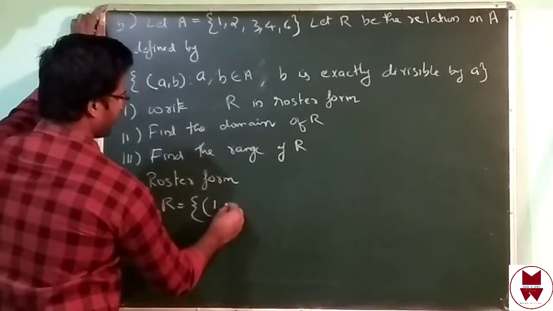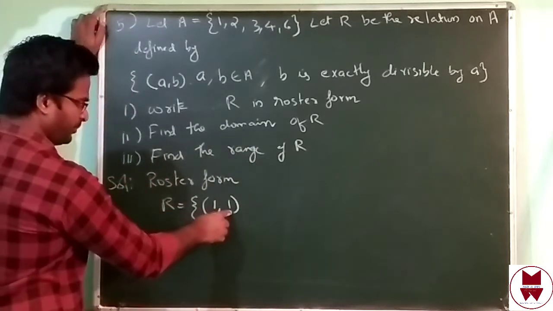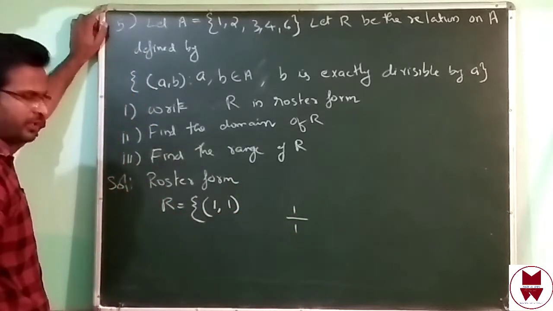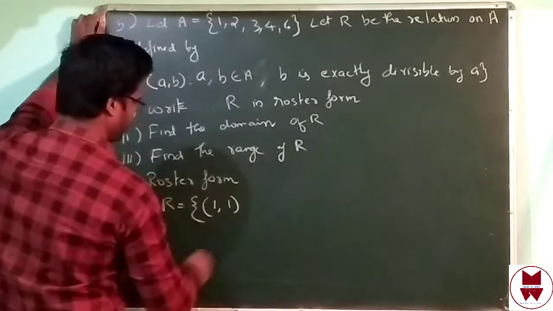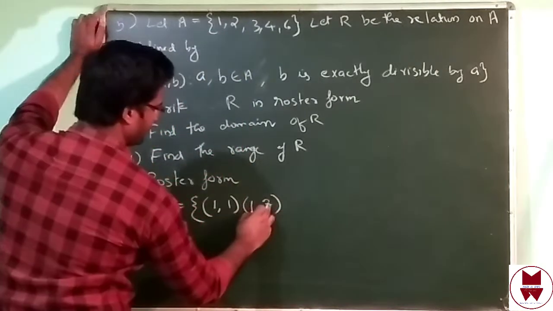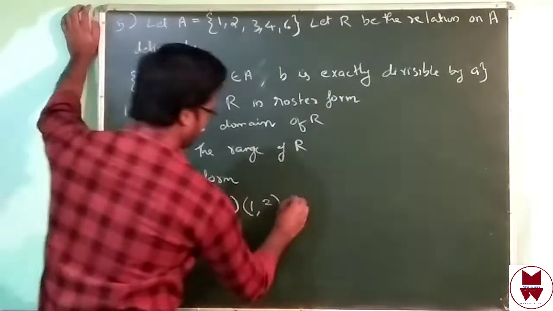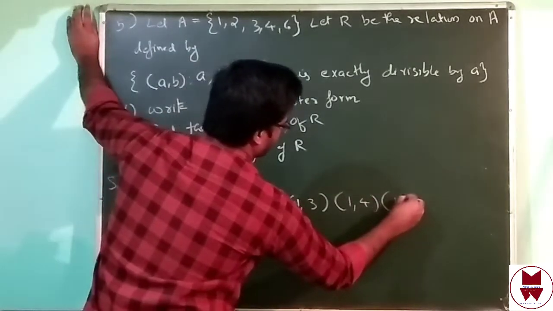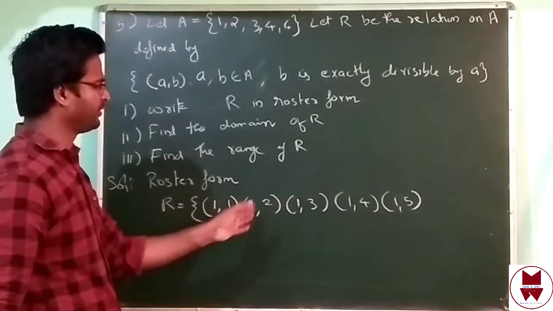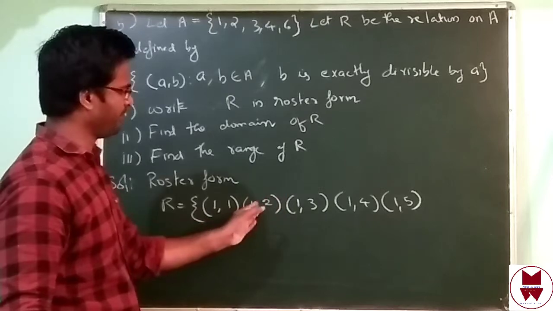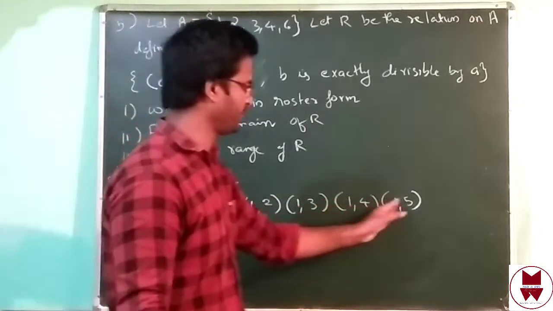Then (1, 1): 1 divided by 1 is possible, isn't it? Then next, again take 1, then 2: (1, 2), 2 divided by 1 is possible. (1, 3), (1, 4), (1, 5). All the numbers are divisible by 1. That is possible only. That means 2 divided by 1, 3 divided by 1, 4 divided by 1, 5 divided by 1.